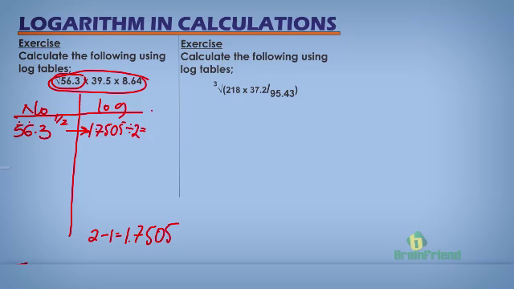If we worked this out, we would have 0.875, and so on. We'll leave our number like this. So we have 0.8752.